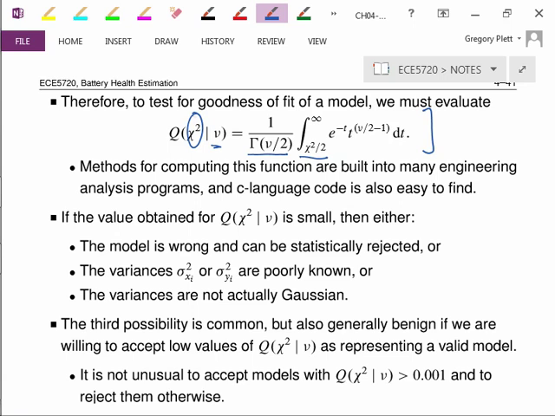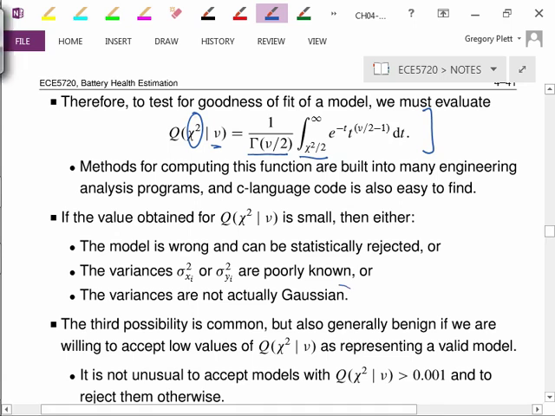Or the other possibility is that the variances that I've used in my computations are actually not well known. And so my q hat may in fact be good, my model may be good, but I just don't know that it's good based on my variances which go into computing this cost function. So my cost itself may be bad, even though the model and the q hat may be good. Or the variances may actually turn out not to be Gaussian.